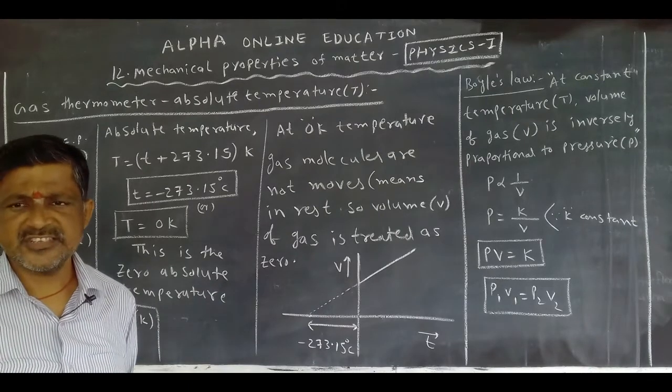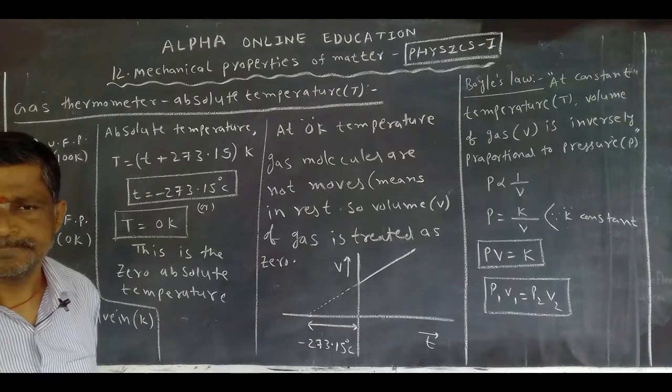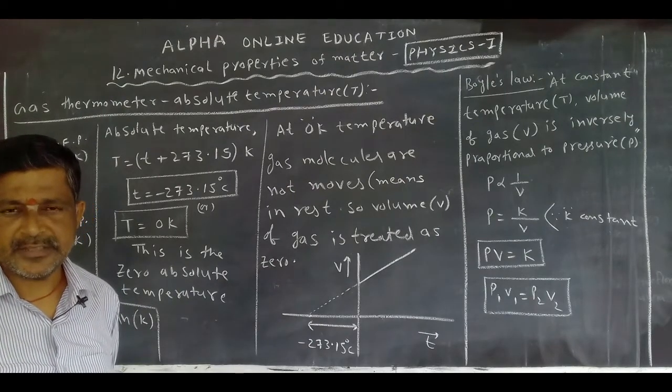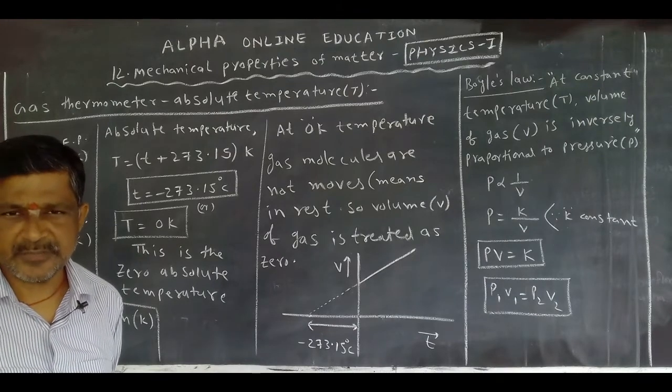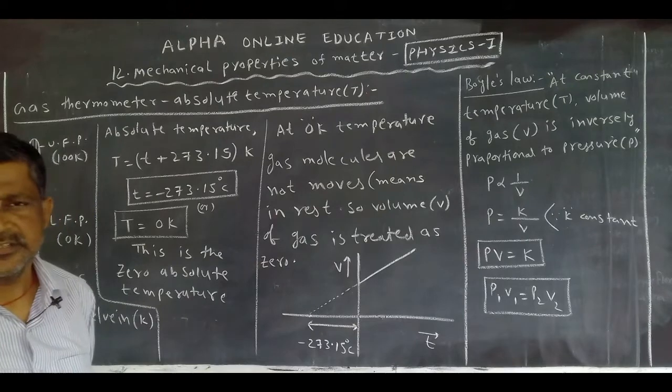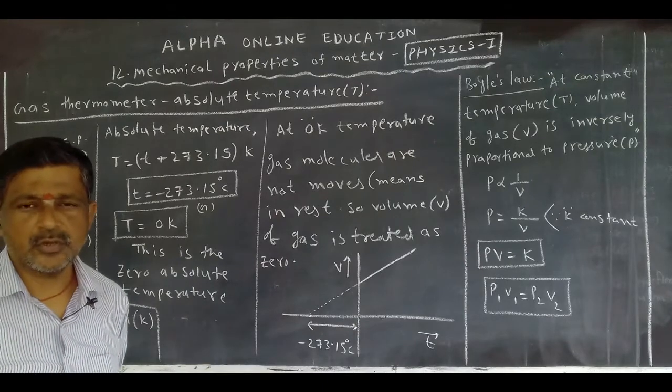In the Celsius thermometer, the liquid in the bulb is mercury. Next, in the Fahrenheit thermometer, the liquid in the bulb is alcohol.